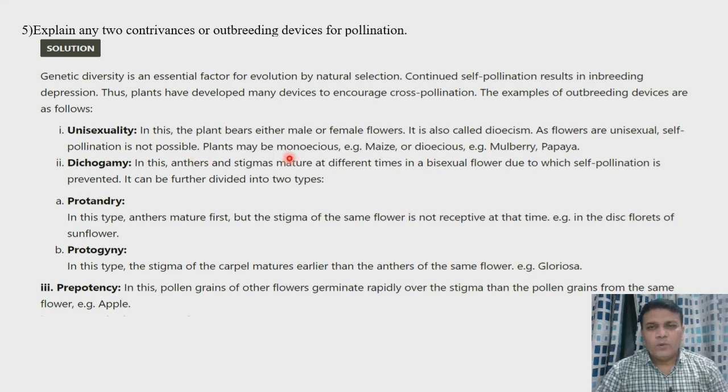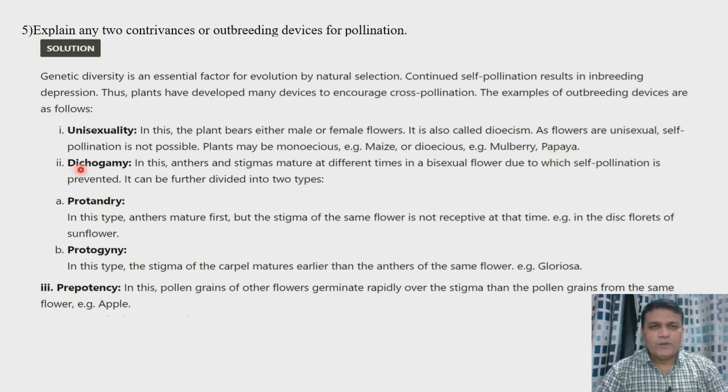Plants may be monoecious, that means when male and female flowers are present on the same plant, such a condition is called monoecious. An example of it is maize. Examples of the dioecious condition are mulberry and papaya. So dioecious means male and female flowers are present on separate plants, and monoecious means male and female flowers are present on the same plant.